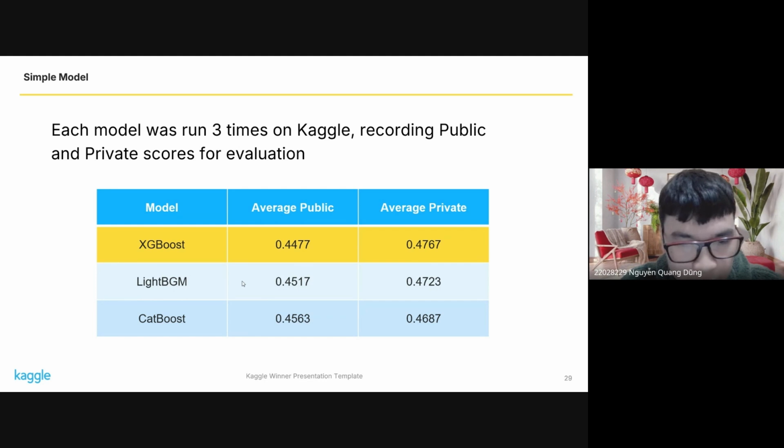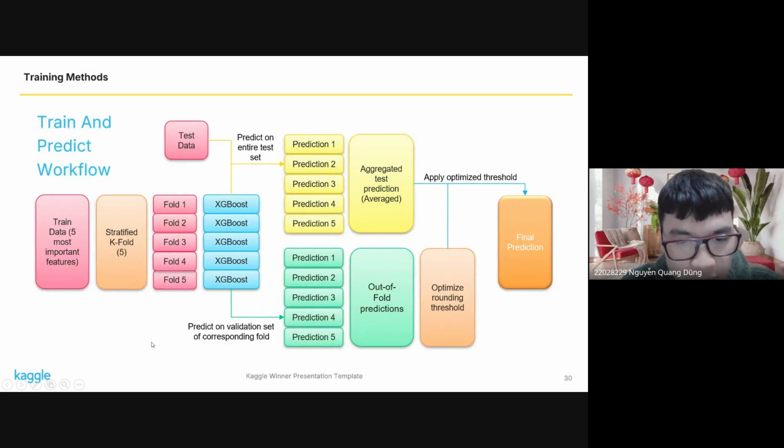XGBoost, despite not performing well on the public test set, achieved the best result on the private test set overall, with a score nearly on par with the ensemble model. So in conclusion, our simple model utilized only the 5 most important features and the XGBoost model.